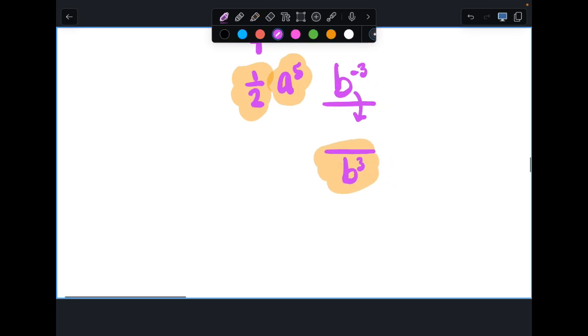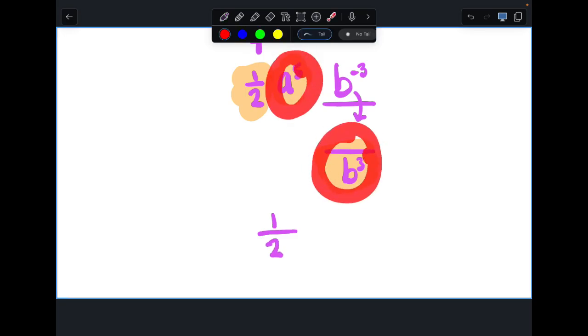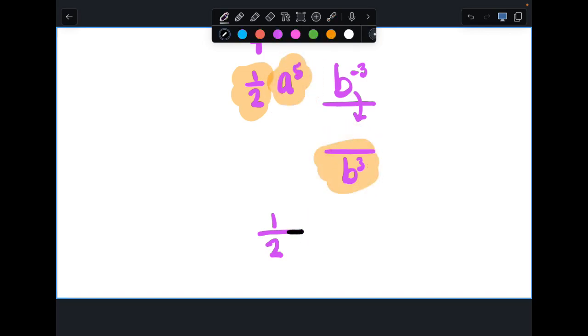Because we already have a fraction, there's no need to create another fraction. Now I have to insert a to the 5th and b cubed into this fraction. So I'm going to extend this line to make space for them. A to the 5th is positive, goes at the top. B cubed was moved down, so write it down here.